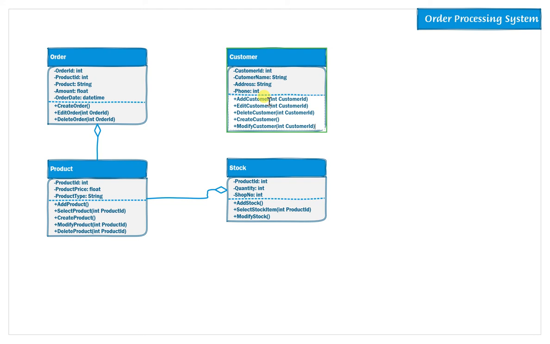And I think that is enough. We use an association relation because in this case an order exists when a customer exists.